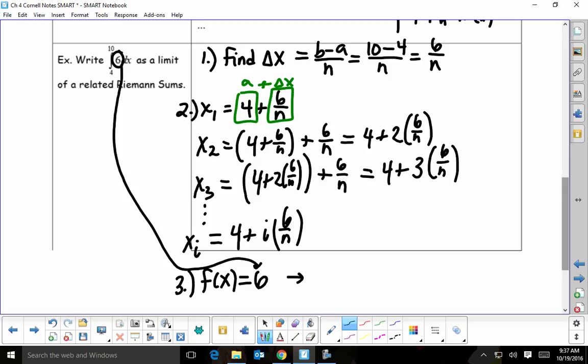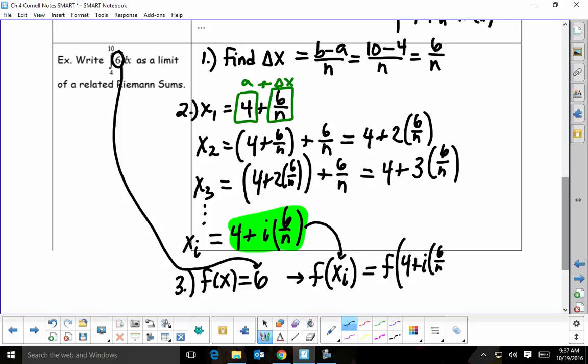So once we get our f of x, we want to find f of x sub I. So we're going to take this guy right here and plug it in for x sub I. So we are looking for f of 4 plus I times 6 over n. So it's just a function composition. No matter what I plug into our f of x, what do we always get out in this case? 6. Okay, so that one wasn't very much fun. So we get out 6.